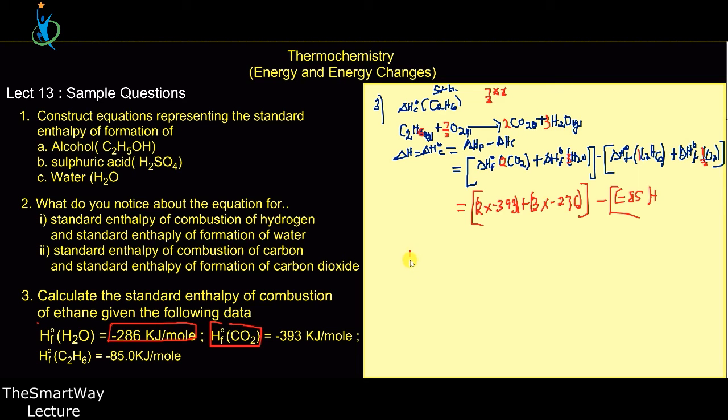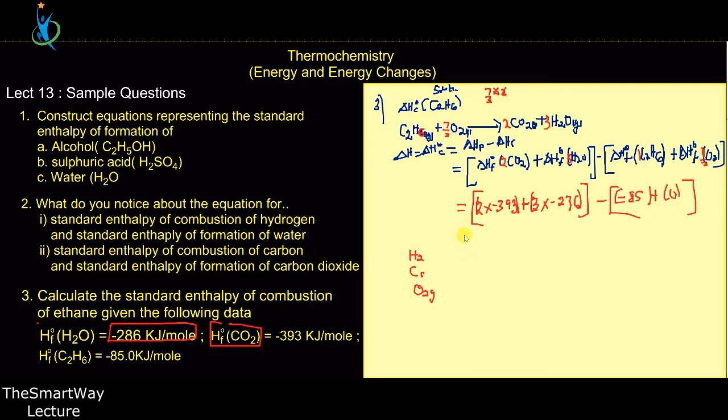So for example, the enthalpy of formation of hydrogen gas is 0. Carbon as a solid in its standard state is 0, and oxygen in its standard state is 0. The energy required to form them is 0. So here, I'm just going to add the 0.